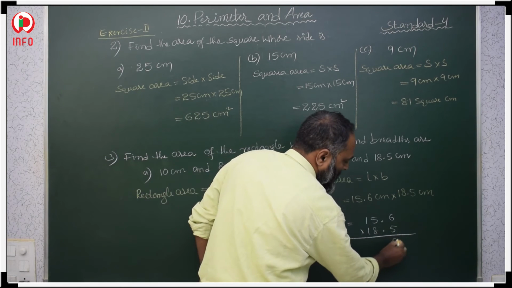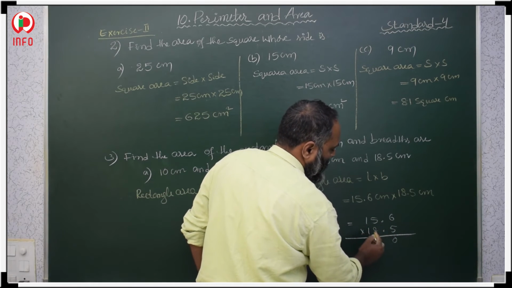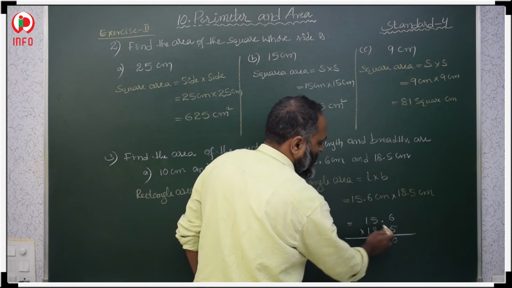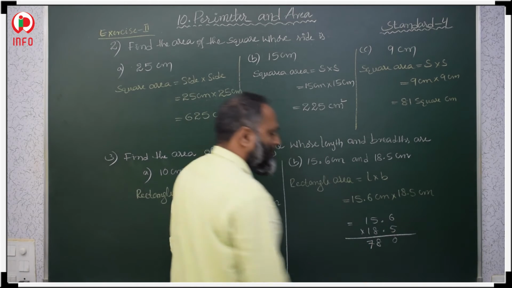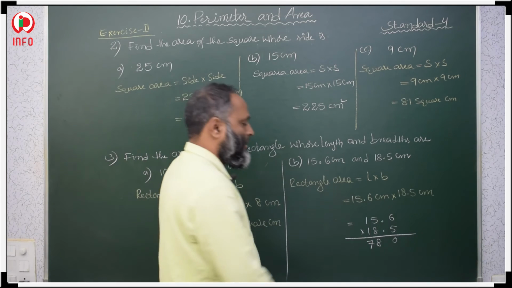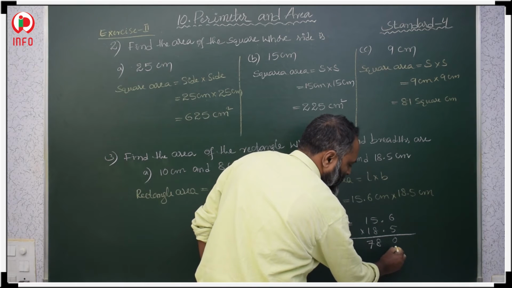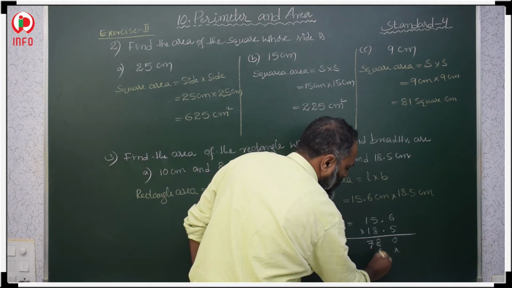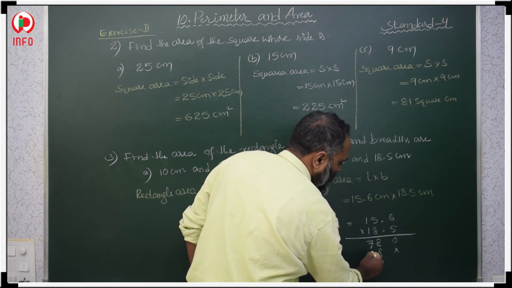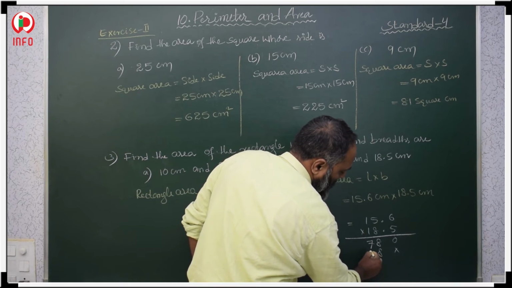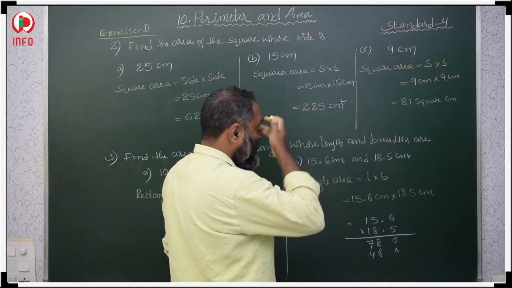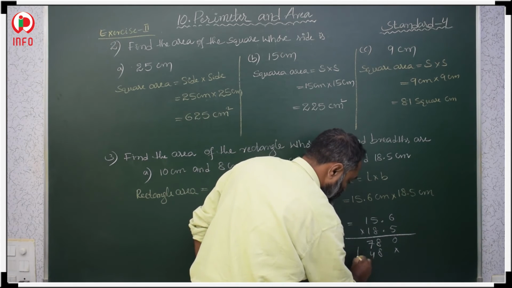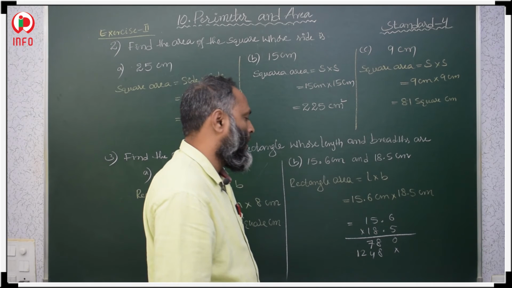5 6s are 30, 5 5s are 25, 28... 5 1s are 5, 7. Okay. Next with 8. So 8 6s are 48, 8 5s are 40, 40 and 4, 44, and again 4. So 8 1s are 8 plus 4, 12.